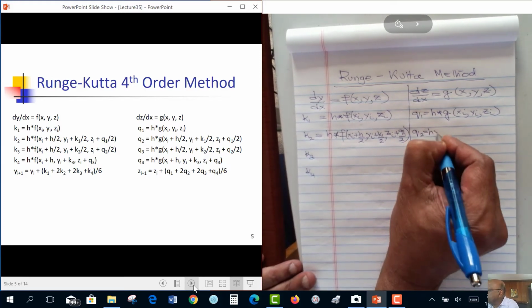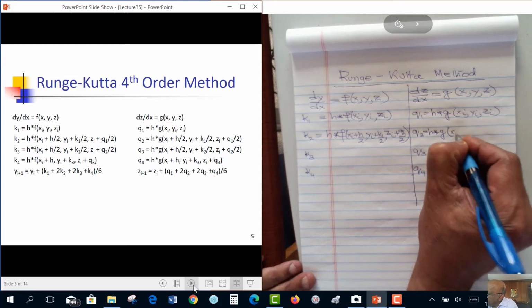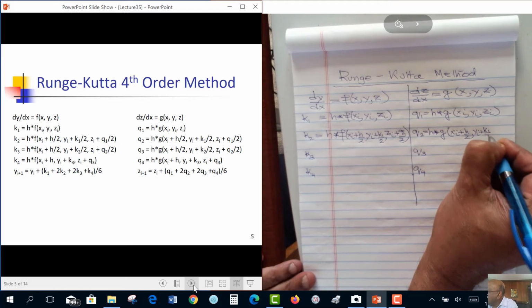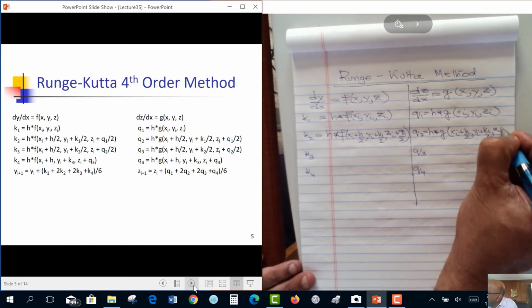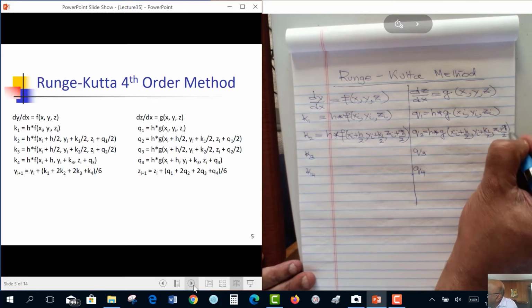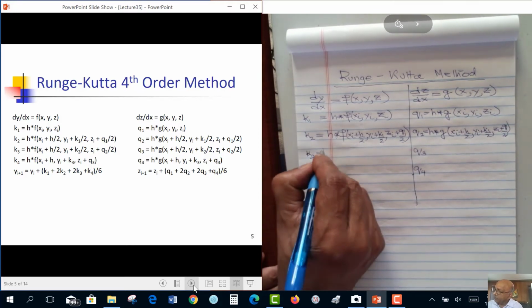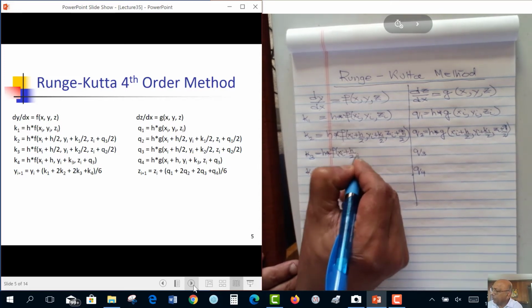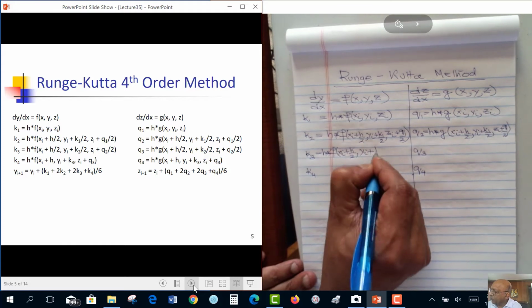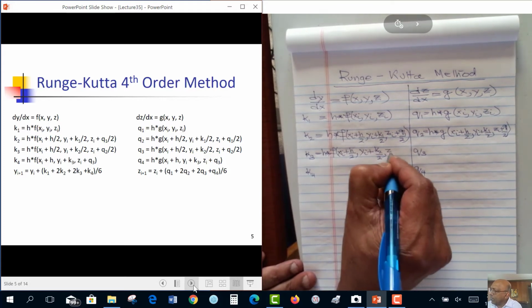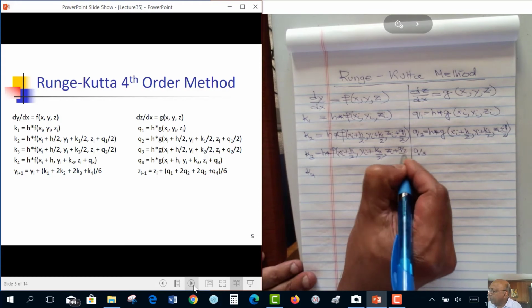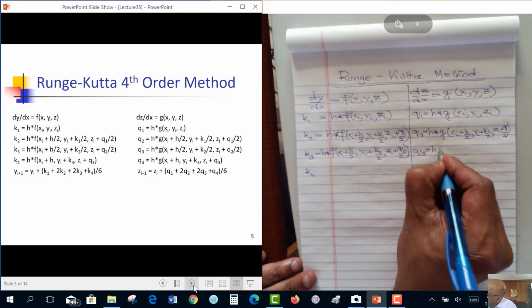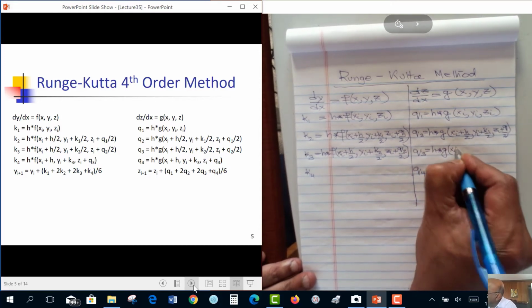So same arguments here. Then q2 is h times function g at xi plus h over 2, the midpoint, yi plus k1 over 2, zi plus q1 over 2. Similarly for k3, yi plus k2 over 2, and zi plus q2 over 2. Same arguments.